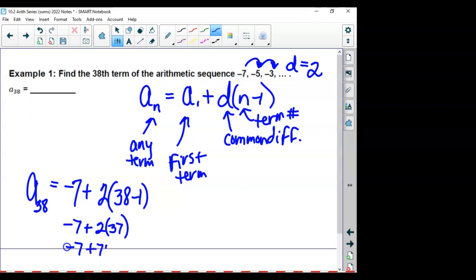I'm doing this without a calculator, but I got 67. Anybody? Did I do that right? Okay. You should be able to just type it in just like this as well. Questions? Remember those? Okay, did I cover the vocabulary enough?